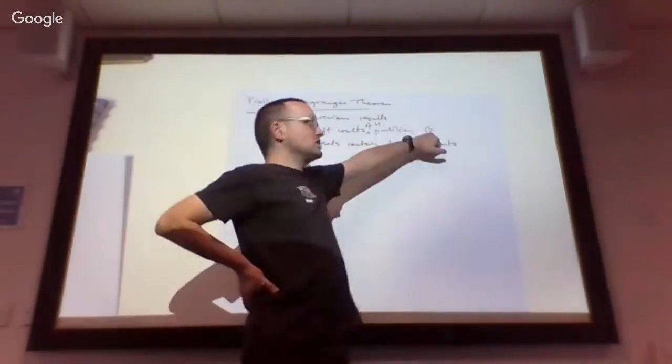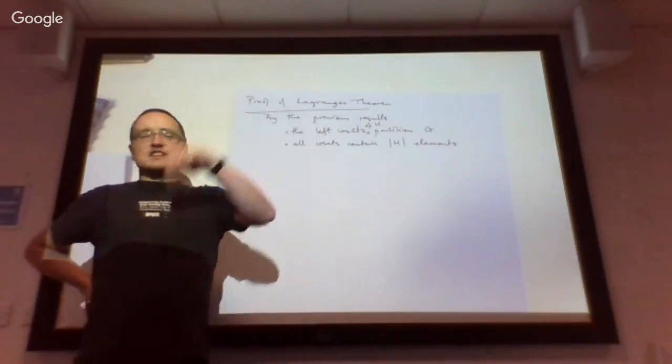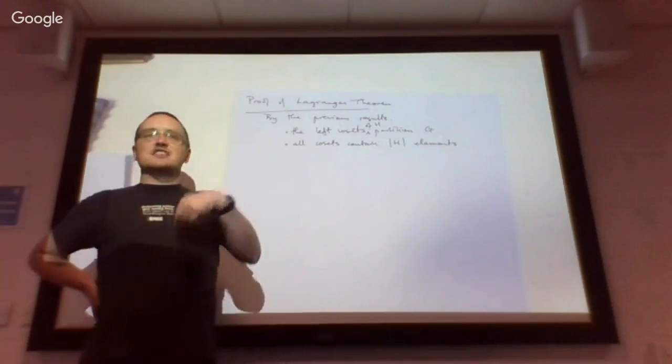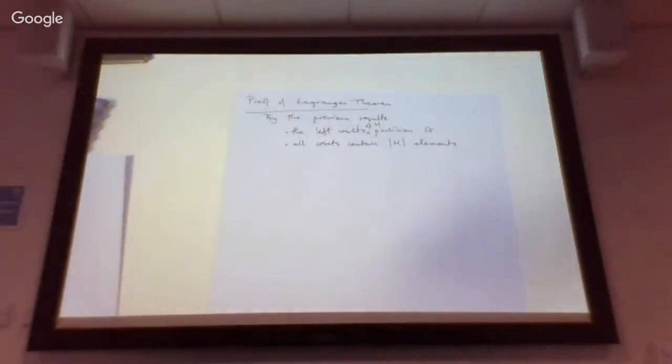So if you want to count the total number of things in G, you just count all the elements in each of the cells in the partition. Each of the cells contains the same number of elements, equal to the order of H. So the number of things in G is just that multiple of the order of H.